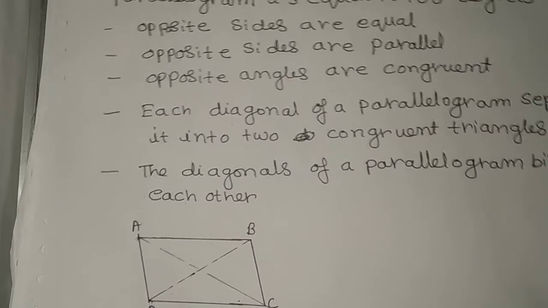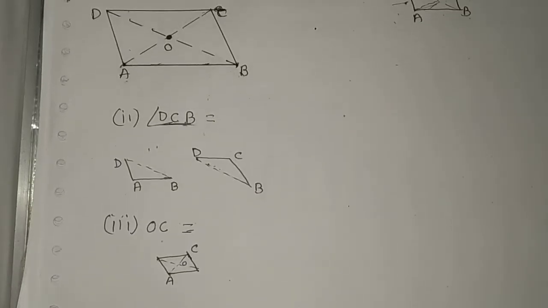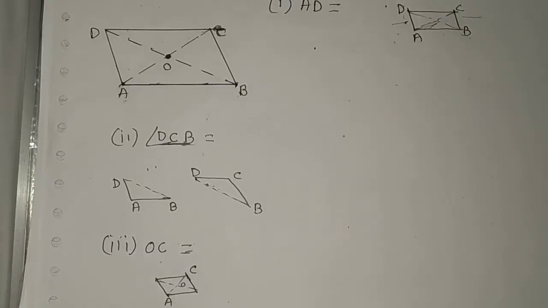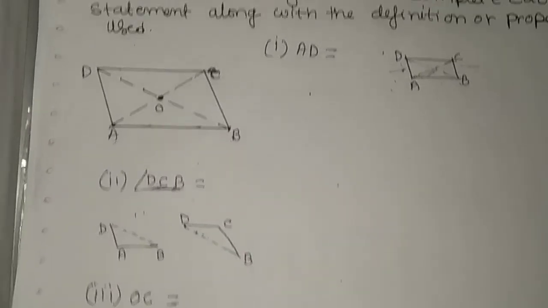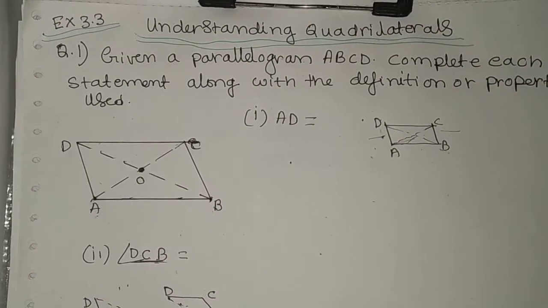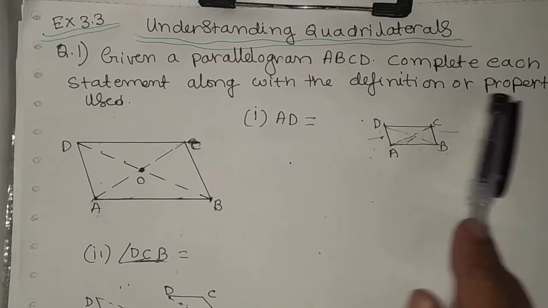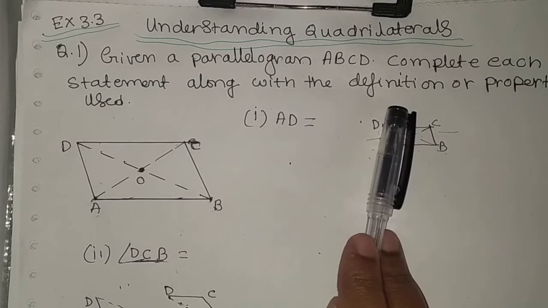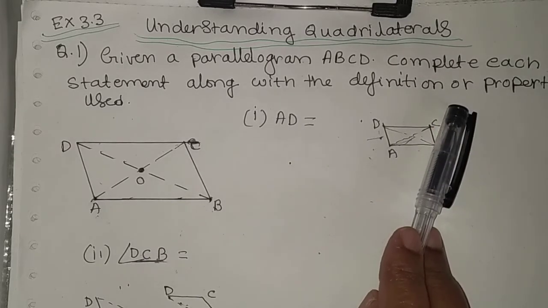We move on to the exercise, that is the first problem. What is the first problem here? Given a parallelogram ABCD, complete each statement along with the definition or property used.